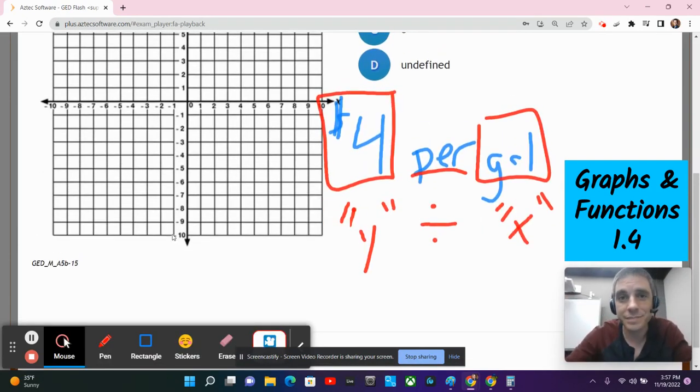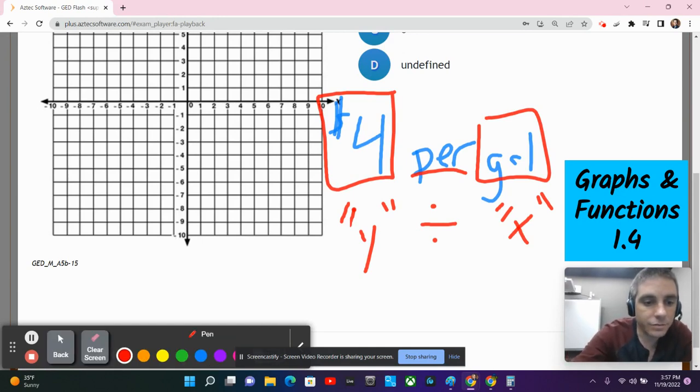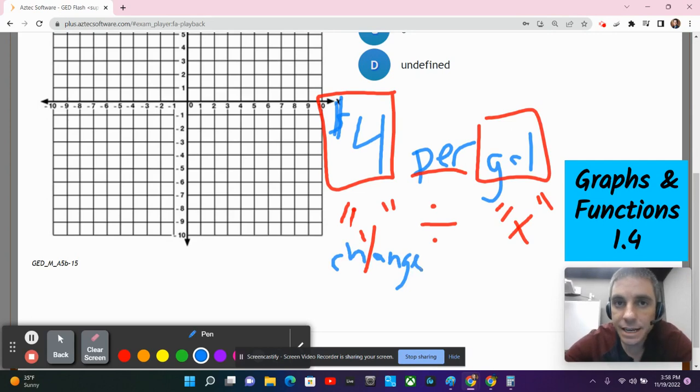I said I wanted to set out to perhaps explain this question a little bit easier than having to look at the formula sheet. Well, if you can remember that the rate is always the y number divided by the x number, then you can calculate the rate or the slope by looking at how much the y number changes and divide that by how much the x number changes.